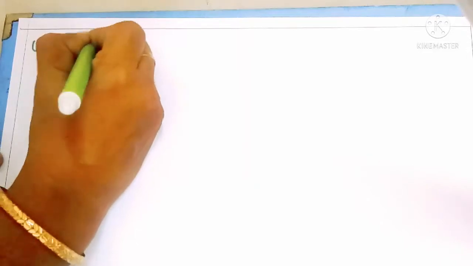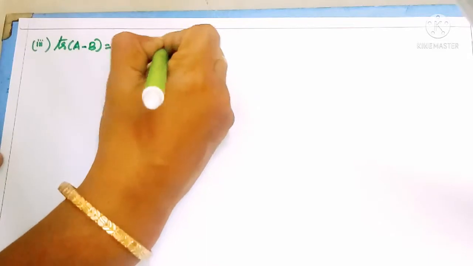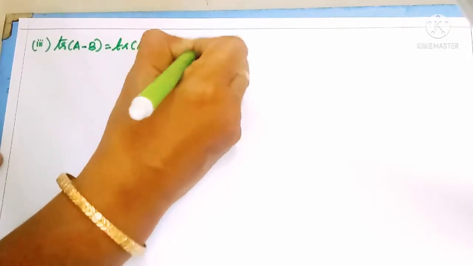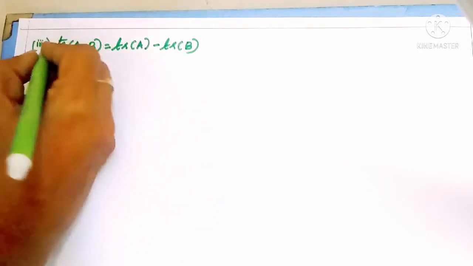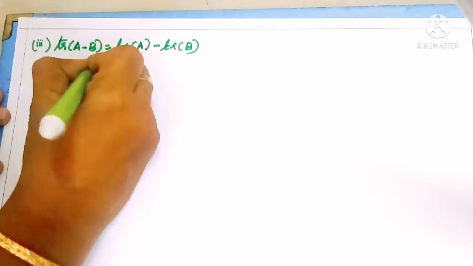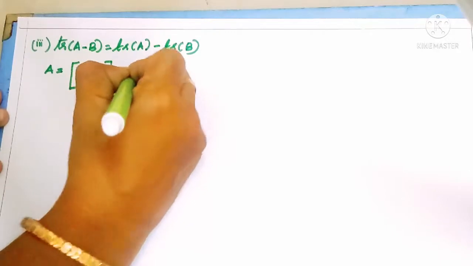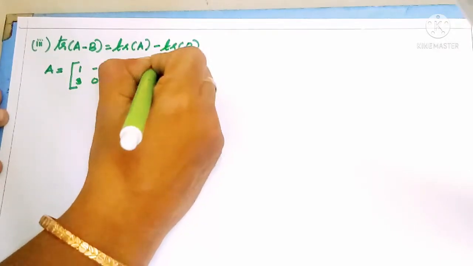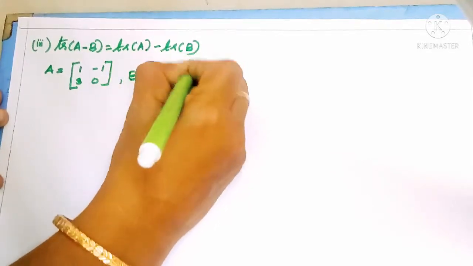Next, third property, trace of A minus B should be equal to trace of A minus trace of B. Okay, to prove this condition, we can take the previous matrices, that is A is equal to [1, -1; 3, 0] and B is equal to [2, -4; 1, 0].